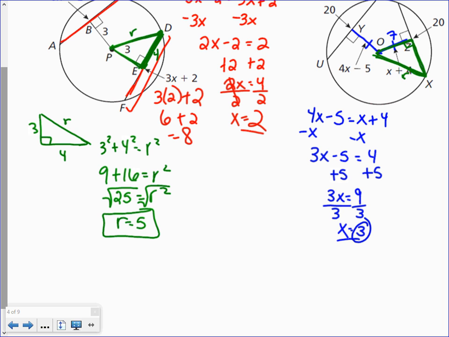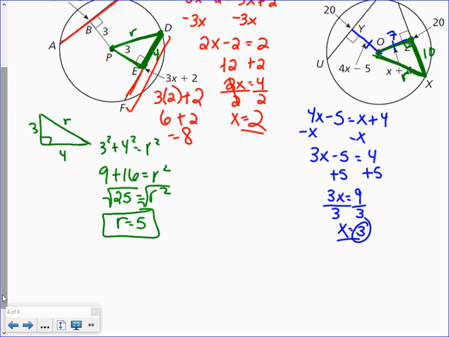I don't know the hypotenuse, that's always going to be the radius. The radius that you're looking for in a problem like this will always be the hypotenuse of the right triangle. Now, this here, Z to X, remember, is not the full 20, because X all the way across is 20, so Z to X would be half of that, which is 10.